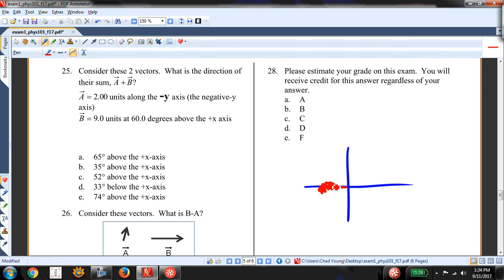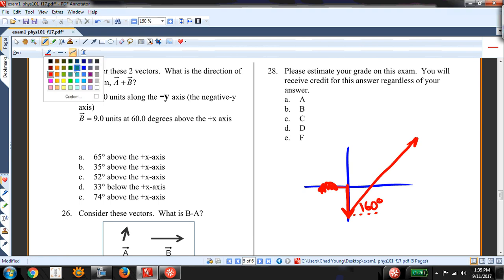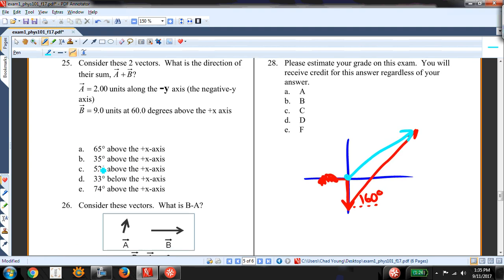Forget I drew that. 2 units on the negative y-axis, and then 9 units at 60 degrees above the positive x-axis. So my resultant vector is going to start here and come up there. That's going to be my resultant. So it's going to be in the first quadrant. I can't really pick between these. So let's try to figure out what it is.